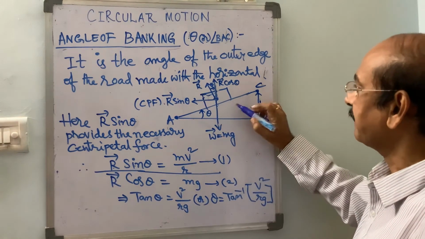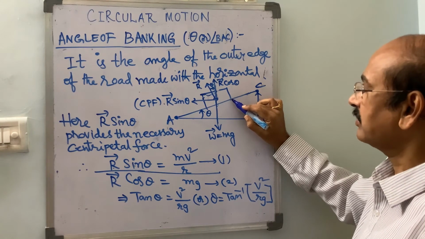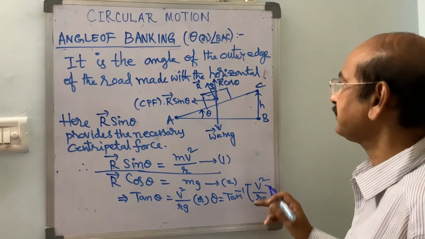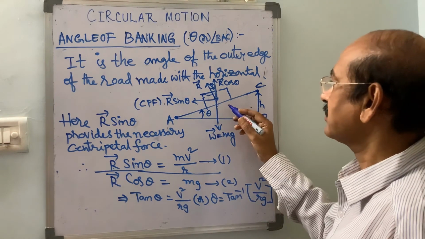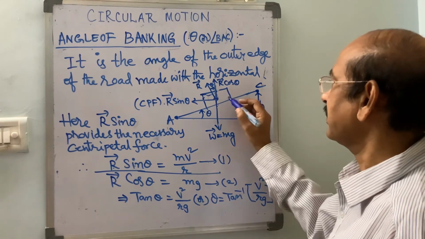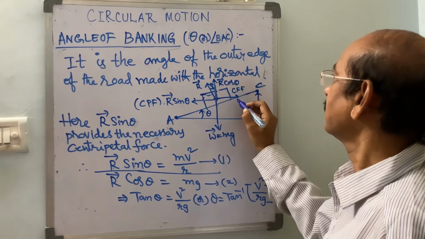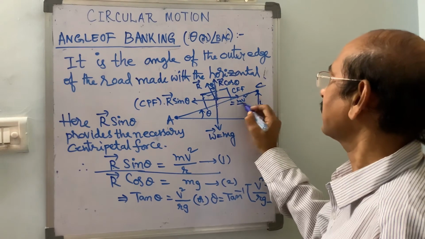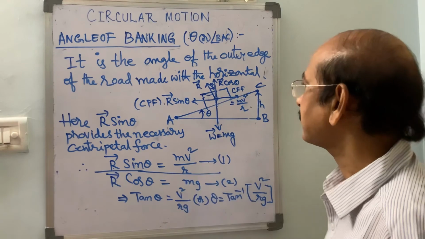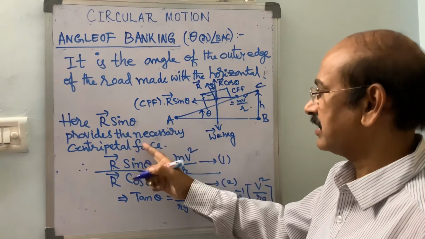So when a body is traveling along a circular path of radius r, it experiences centrifugal force, which is equal to mv square by r. So R sin theta is equal to mv square by r, and R sin theta provides the necessary centripetal force.